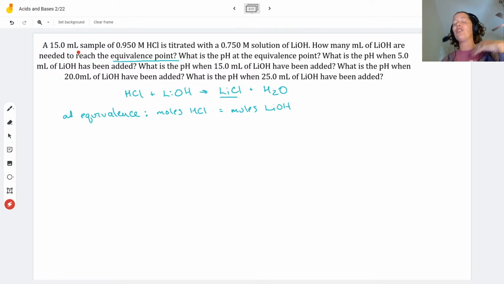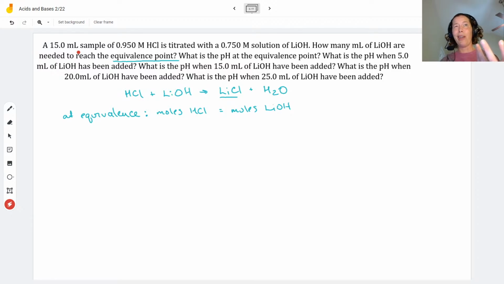The other thing I'll say about titrations is that the equivalence point is not necessarily the same thing as the end point. Your equivalence point is, mathematically or stoichiometrically, for this equation, when my moles of hydrochloric acid are equal to my moles of lithium hydroxide. Your end point is when your indicator changes color. Like for phenolphthalein, you're usually going from colorless to pink.